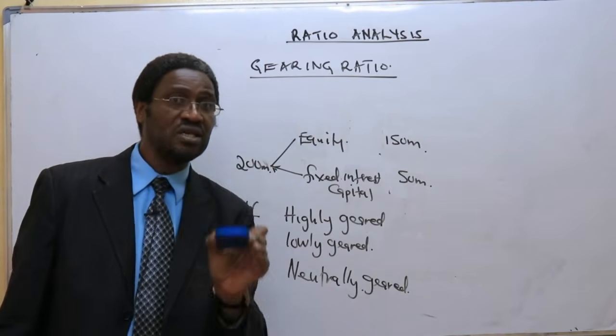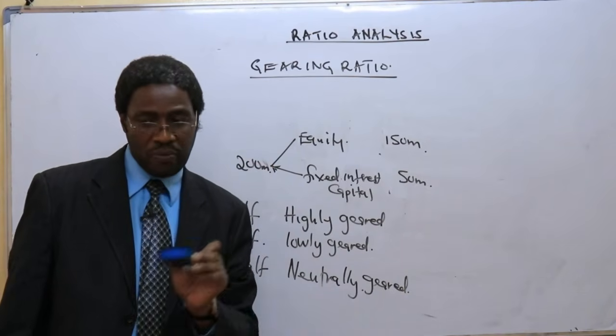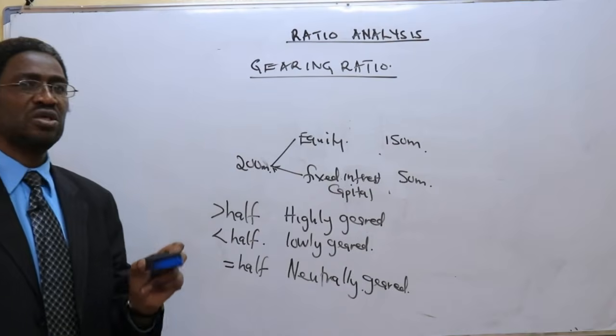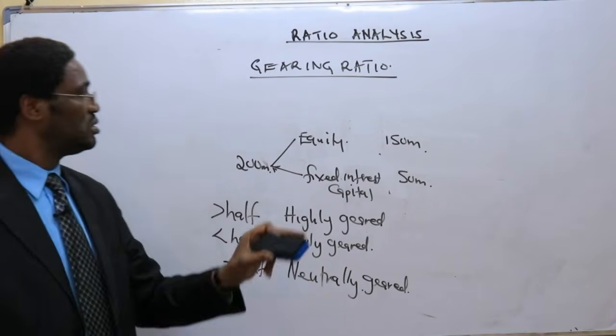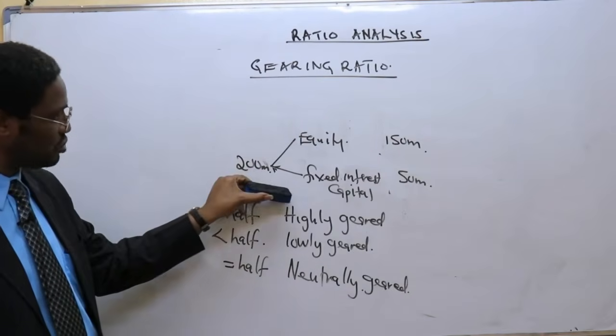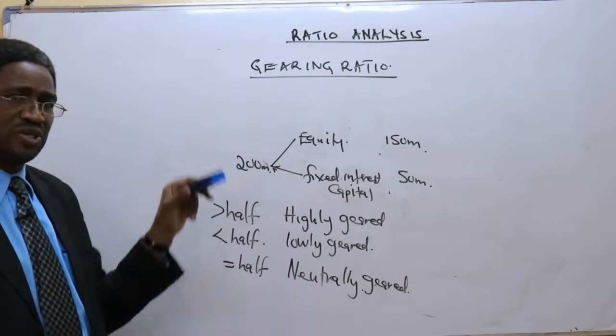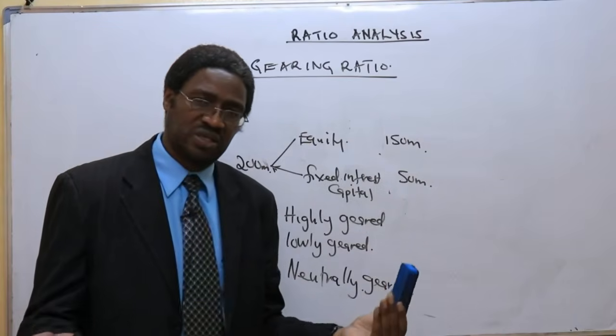So gearing is a method of comparing how much of the company's capital is provided by the fixed interest capital and how much is provided by the equity capital.